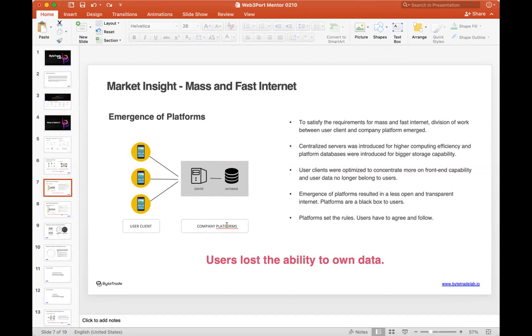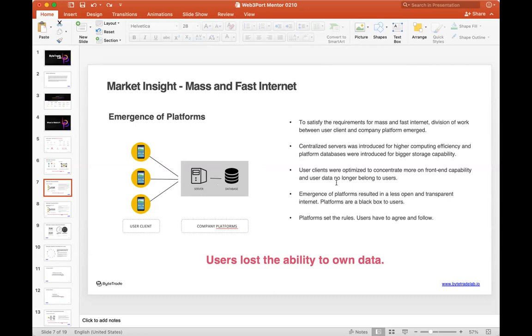In company platforms we have servers and databases; Facebook has a huge server. Users' data is processed by the server and stored in the company's database. And this is Web2.